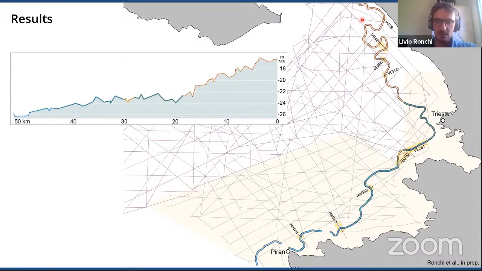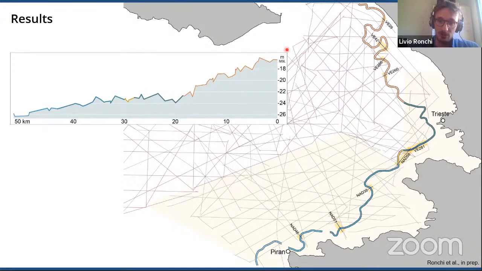The second thing is the interesting path that this paleo river followed. As you can see, it follows the modern coast of the Trieste area. There's a sharp bend, a knee, in this area near Trieste, and then again it follows the coast. We tried to explain this kind of behavior by thinking about the physiography in which this river evolved.